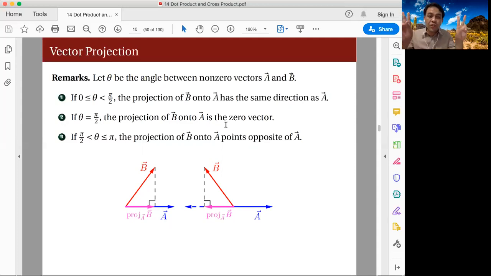So we say it's shadowless. Okay? So in mathematics, if your B is perpendicular to A, then the projection is the zero vector. Or it's just you cannot say it's a point, it's just a zero vector. There is no projection. Oh, let me correct that. There is a projection, but it is the zero vector. If the angle they make is obtuse, then the projection of B points in the opposite direction of A.